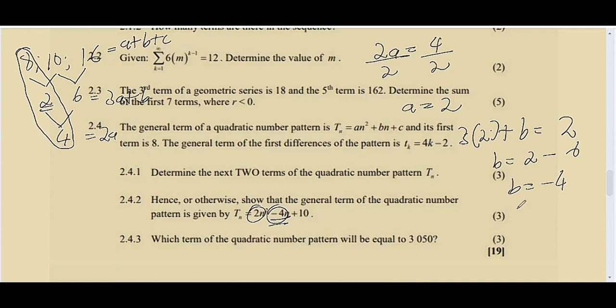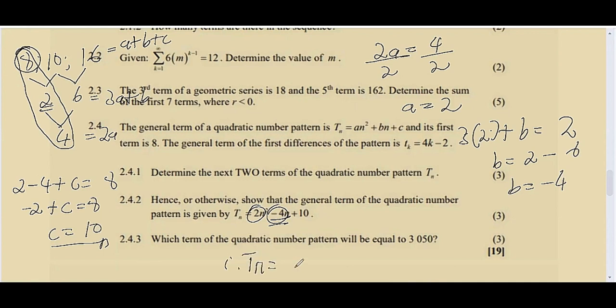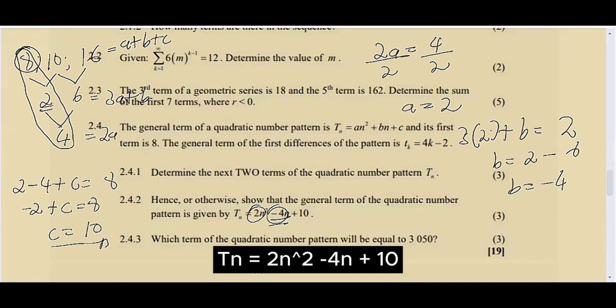Now let's calculate c. So I have 2 minus 4 plus c, and then equate it to this 8 here. So 2 minus 4, that's negative 2, plus c is equal to 8. If I take this negative 2 and transpose it over to that side, that's 10, right? So therefore, my Tn is equal to 2n squared minus 4n plus 10.